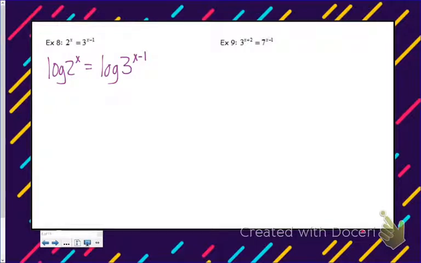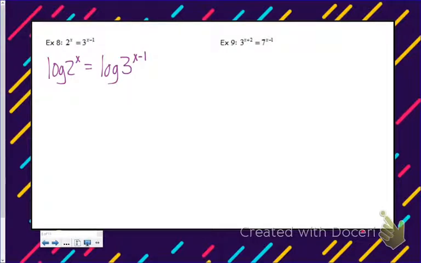The reason I'm doing this is because if I tried to rewrite this using my exponent properties, this would be log base 2 of 3 to the x minus 1 is equal to x. Now it'll still work, and you'll still be able to get to your answer. It just might be a little bit messier. Okay.